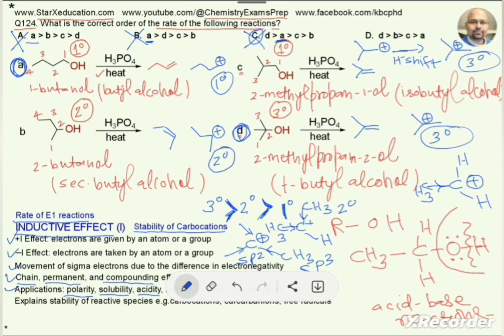Therefore, we eliminate choice C, and we are left with choice D, where it shows that D has higher rate of reaction than B, and B has higher rate of reaction than C and A, which is the correct option.